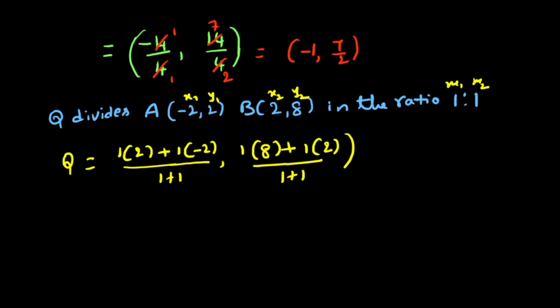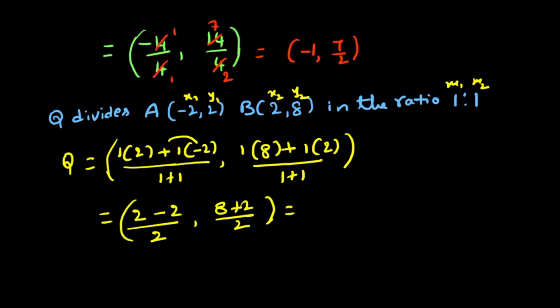So 1 2s are 2, minus 2 1s are 2, by 2, and 8 1s are 8 plus 2 by 2. 2 minus 2 equals 0 by 2, and 8 plus 2 is 10 by 2. By cancelling, 0 by 2 is 0 and 10 by 2 is 5, so (0, 5) is the point Q.